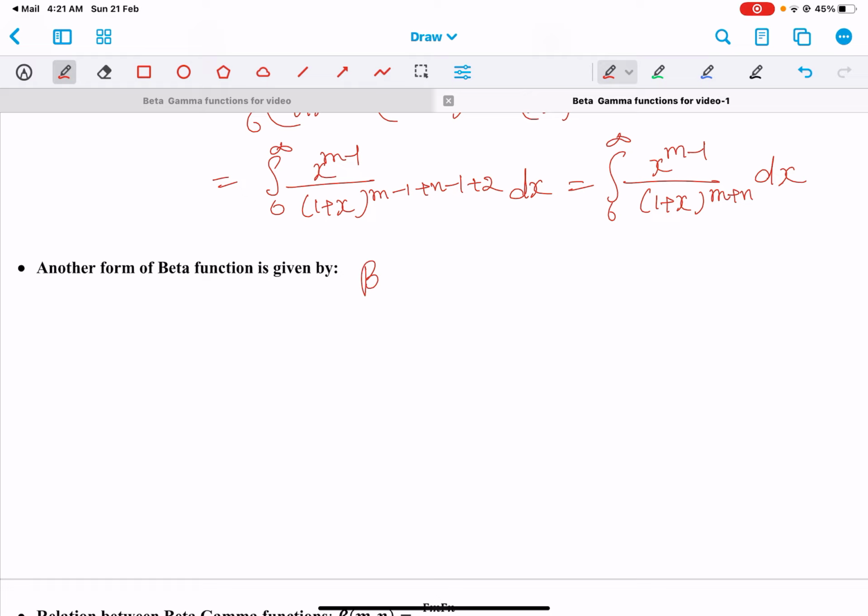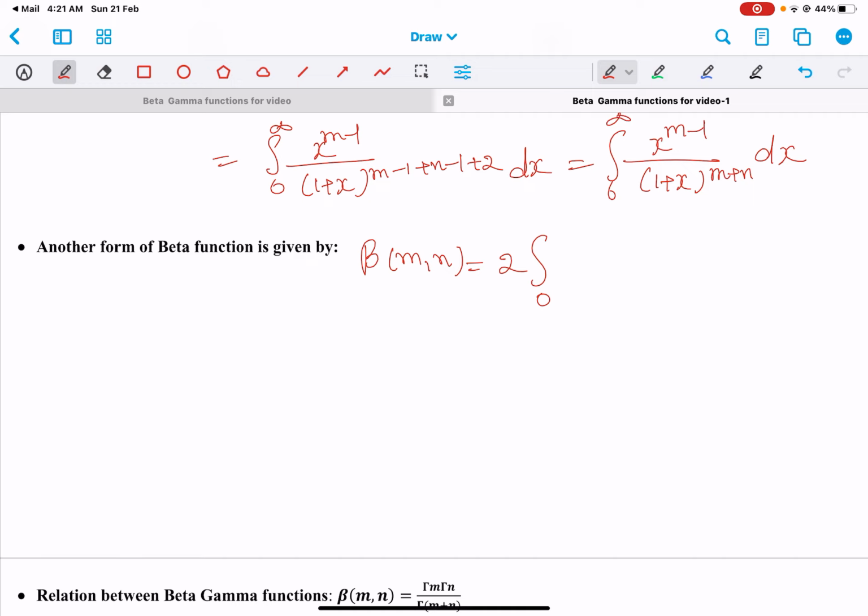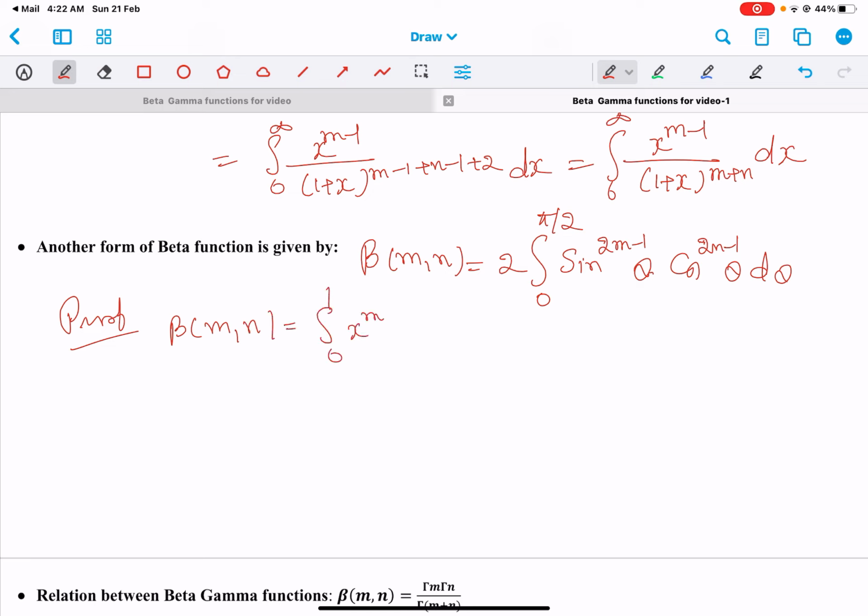that beta mn is twice integral 0 to pi by 2 sine to the power 2m minus 1 theta cos to the power 2n minus 1 theta d theta. To prove this result, we know that beta mn is given by integral 0 to 1 x to the power m minus 1 into 1 minus x to the power n minus 1 dx.